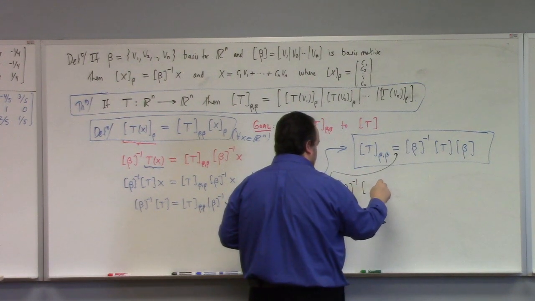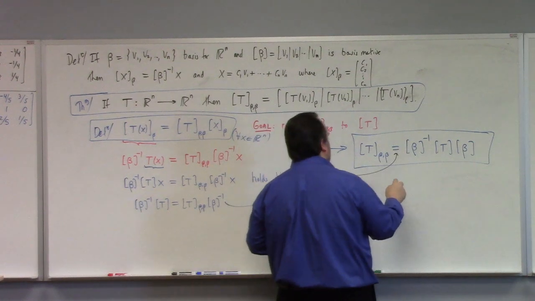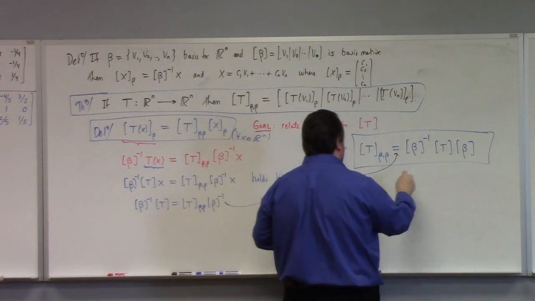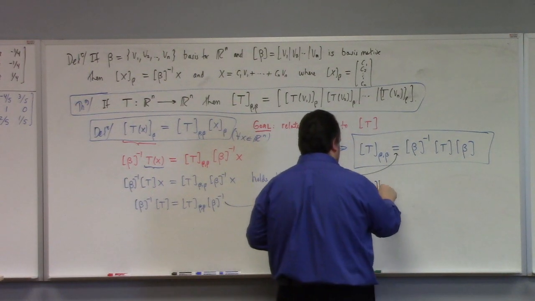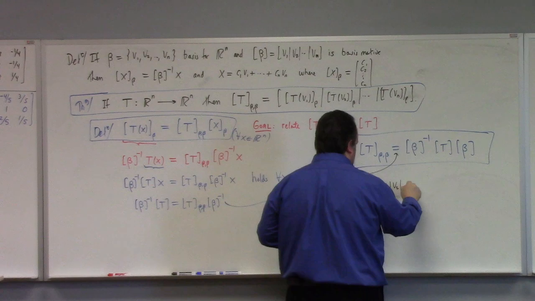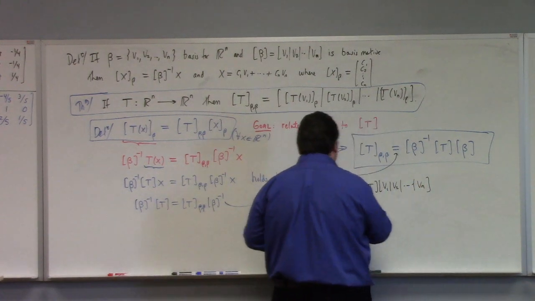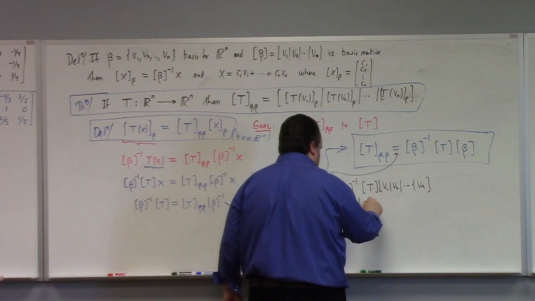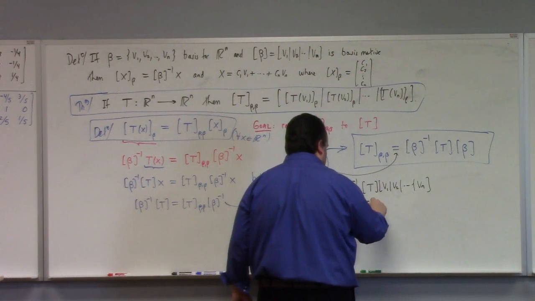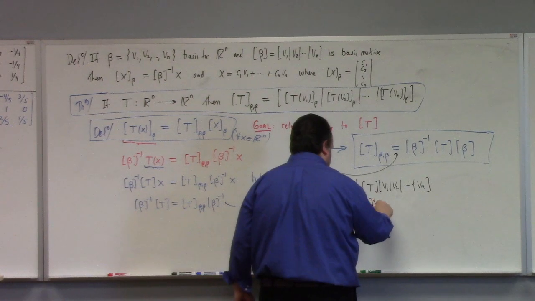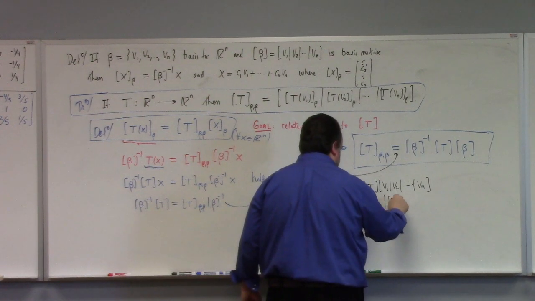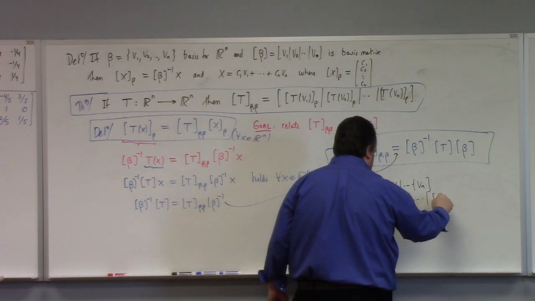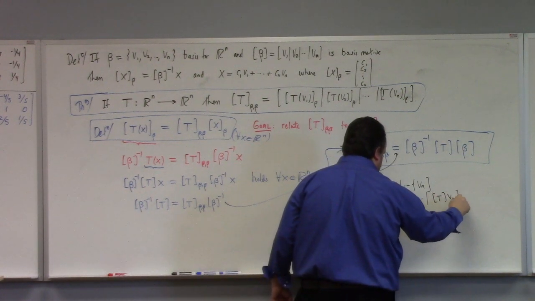But that is, well, remember that this is also T of V1, V2, Vn, right? Which is what? T, standard matrix of T V1, standard matrix of T V2, standard matrix of T Vn.